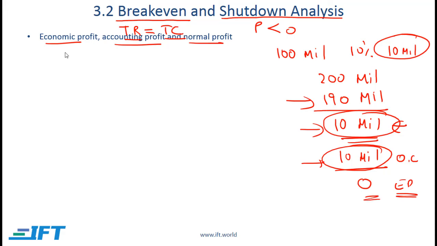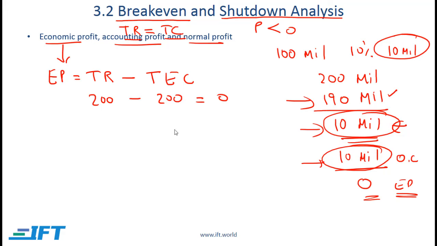Now in terms of definitions, we can say that economic profit is equal to total revenue minus total economic cost. And in our example, the total revenue was 200, the total economic cost was 190 plus this opportunity cost of 10 million, which was 200. So our economic profit here was zero.